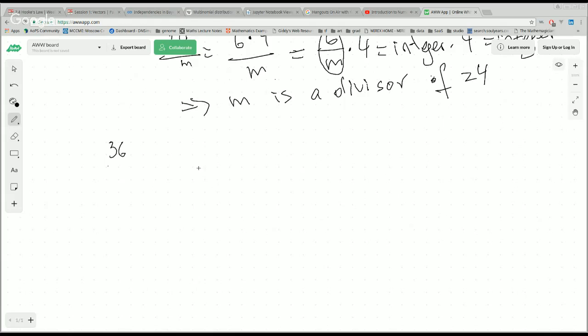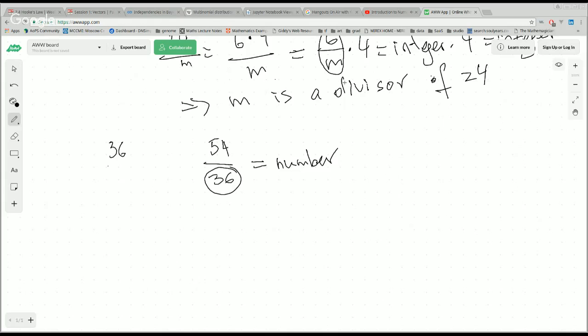Because if I take a number that is bigger than 36, say 54, and I try to divide by 36, this is going to be some number here.